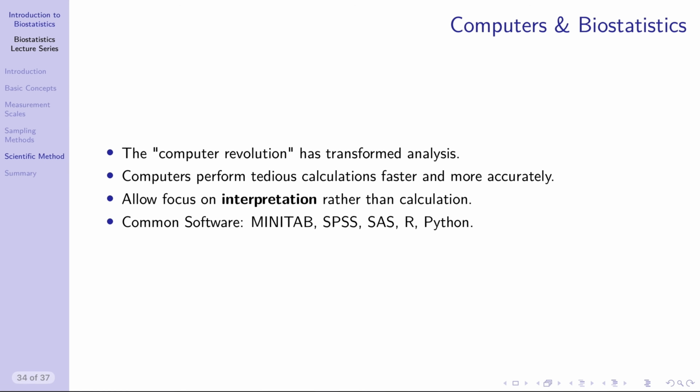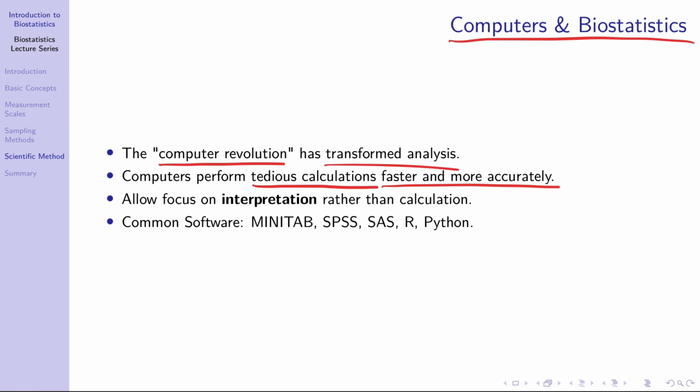Now, in recent decades, biostatistics has come a long way, and statistical analysis has especially been transformed through the computer revolution. Computers perform these tedious tasks faster and more accurately, which allows us to focus more on the interpretation rather than the calculation.